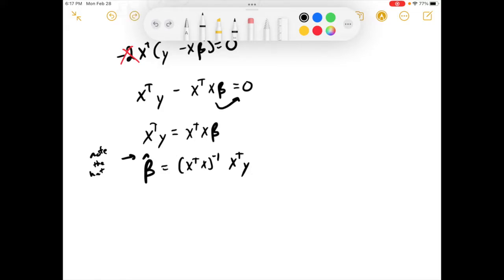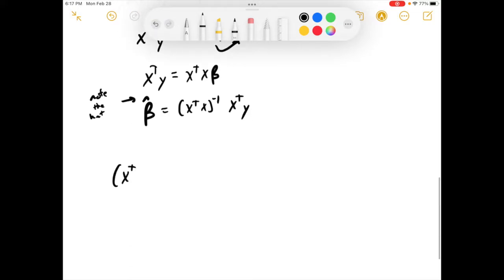Our beta hat is equal to X transpose times X, the inverse of that, times X transpose Y. If we play it a little fast and loose with the rules of vectors, just to get better intuition as to what's happening in here, we can write that as X transpose times Y over X transpose times X. So let's look at the top here.